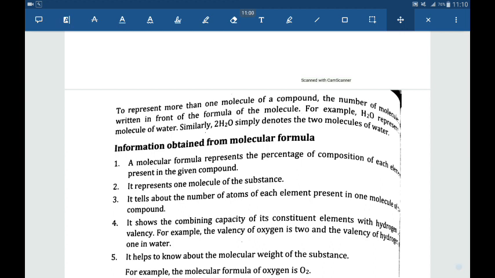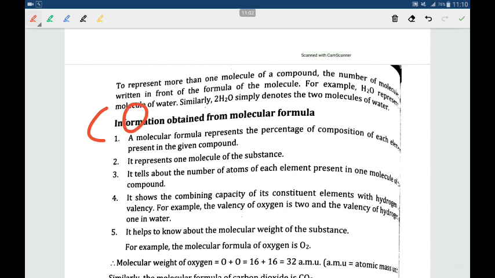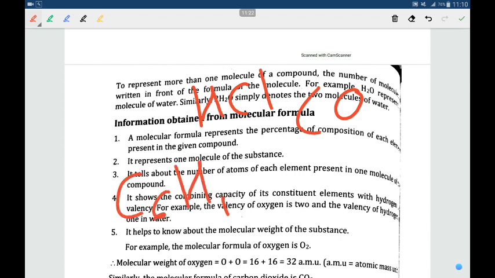H2, CO2, carbon dioxide, HCl, hydrochloric acid, CO, carbon monoxide, C6H12O6.